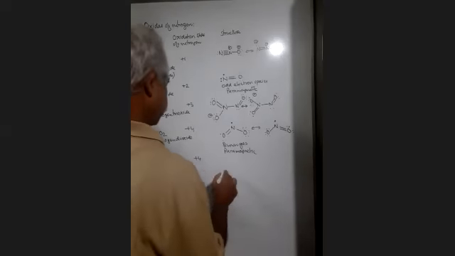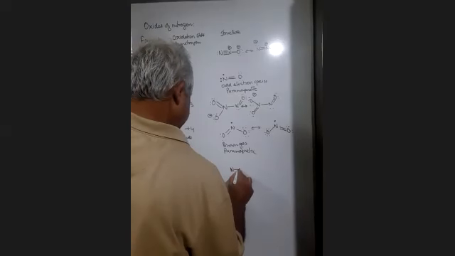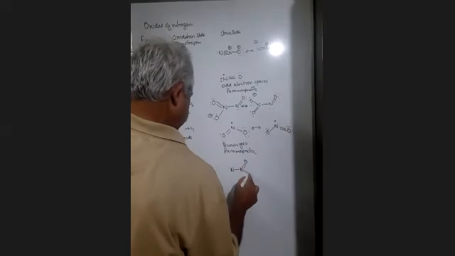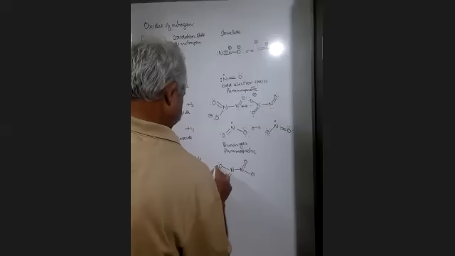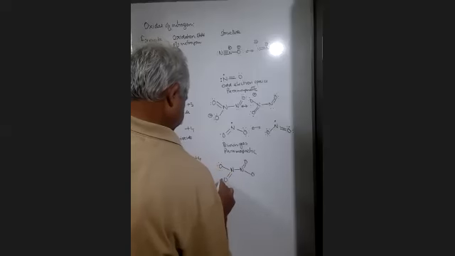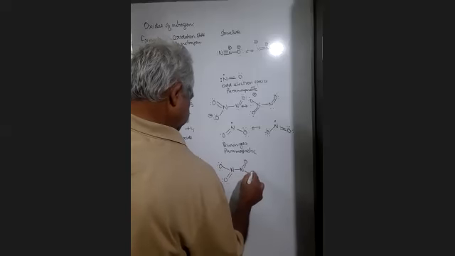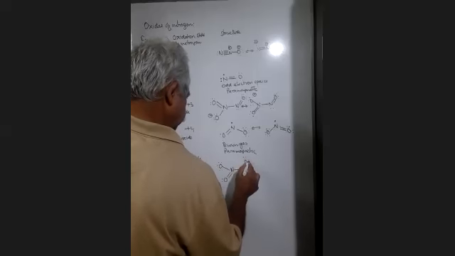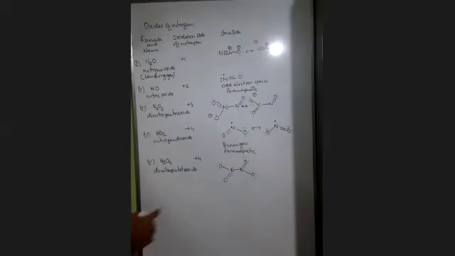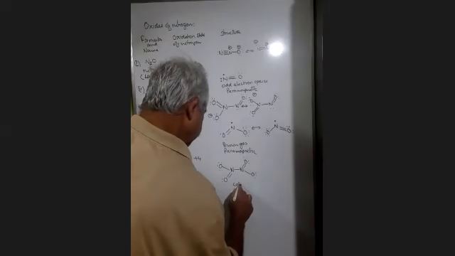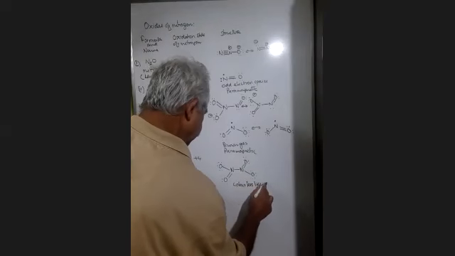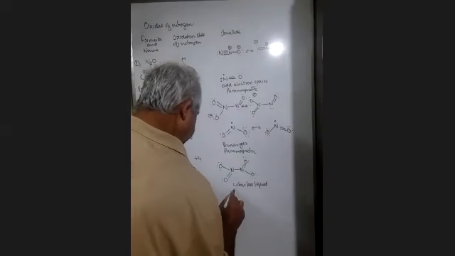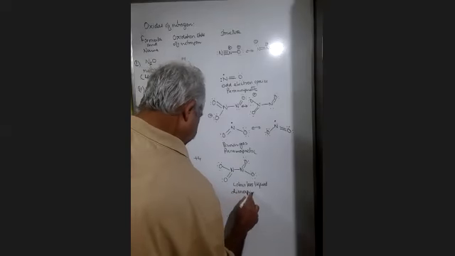The structure is this. See, this is also +4, but it does not have an unpaired electron. So it is a colorless liquid and diamagnetic.